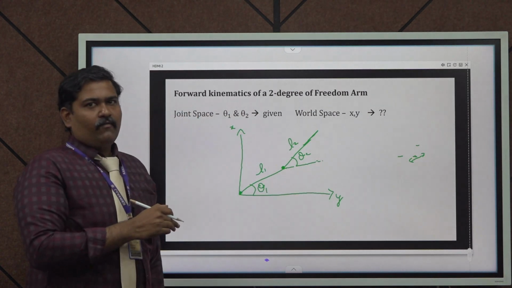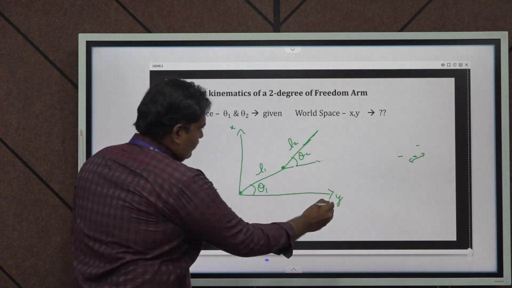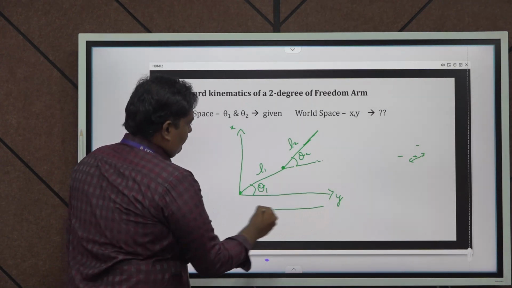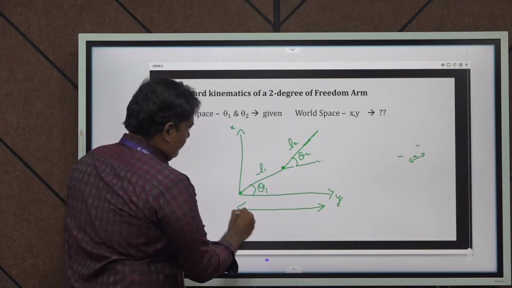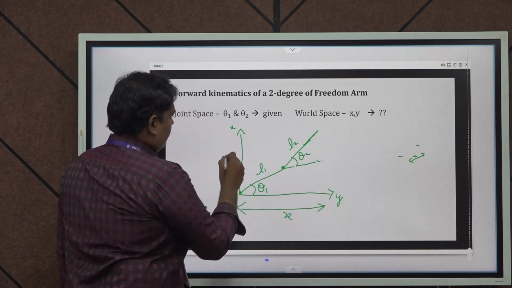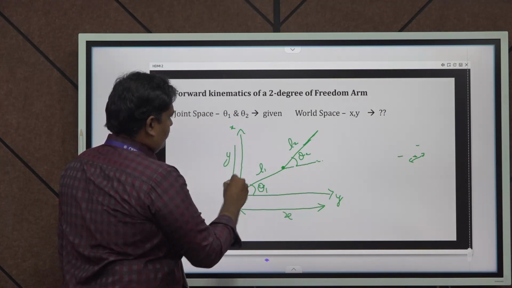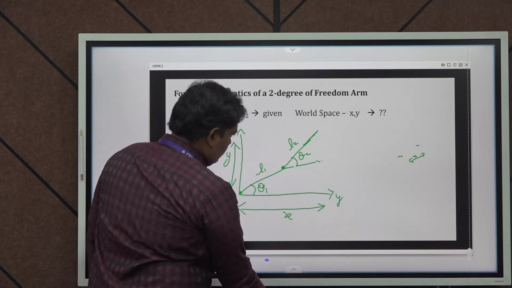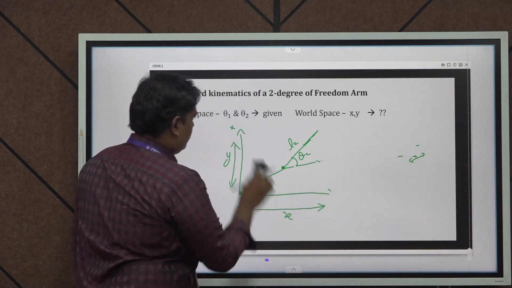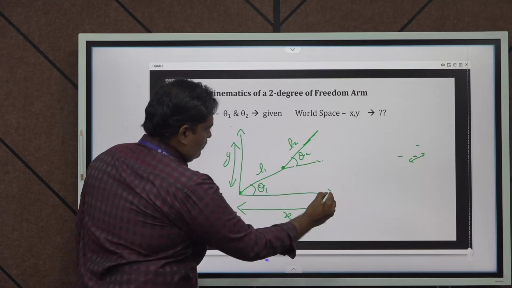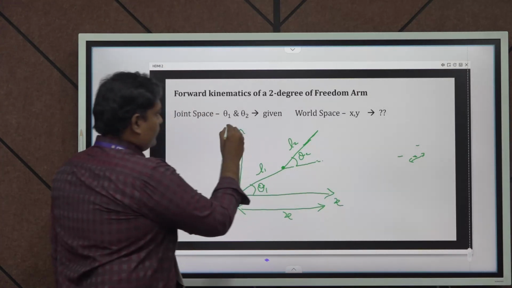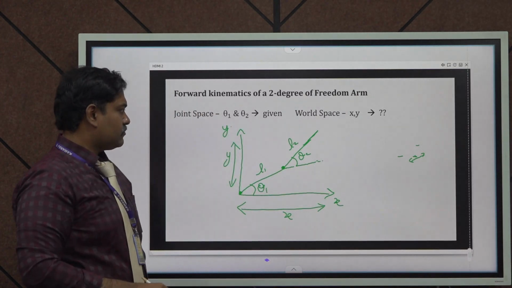Our job is to find the value of x and y. Here this is the x-axis, this is the y-axis.